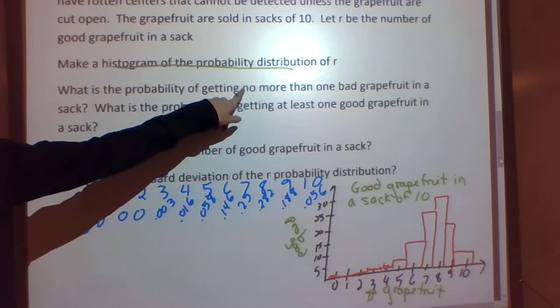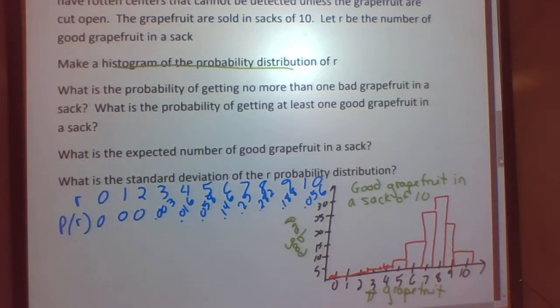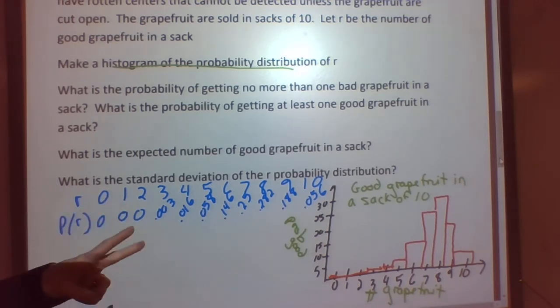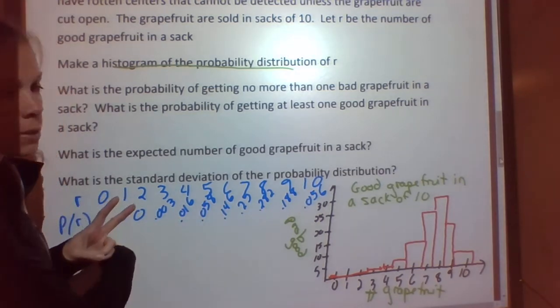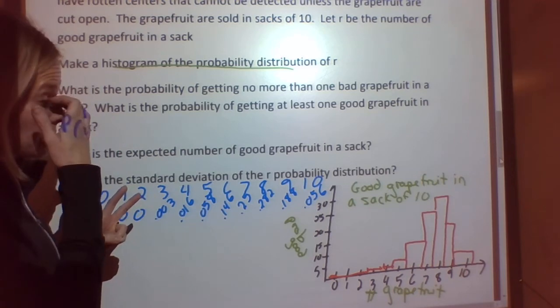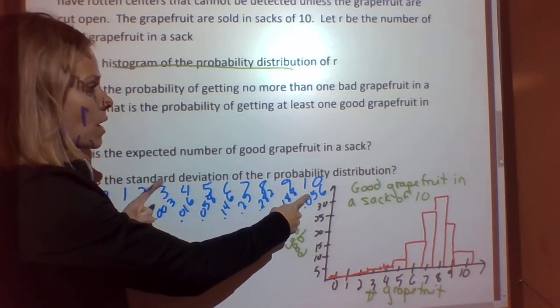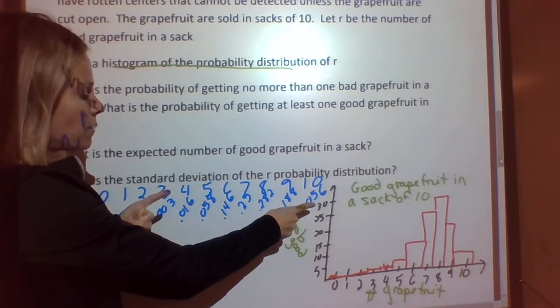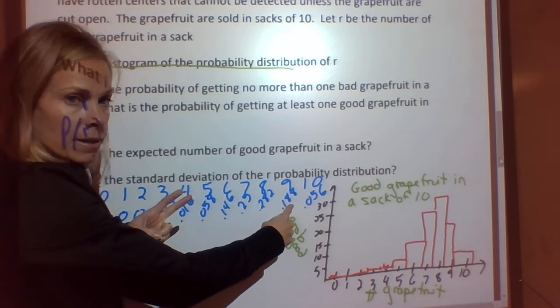What is the probability of getting no more than one bad grapefruit in a sack? So no more than one bad grapefruit. That would be one bad grapefruit or none, okay? This is, remember, good grapefruit. So you have to think opposite. If I have 10 good grapefruit, that's 0 bad. And if I have 9 good grapefruit, that's 1 bad.